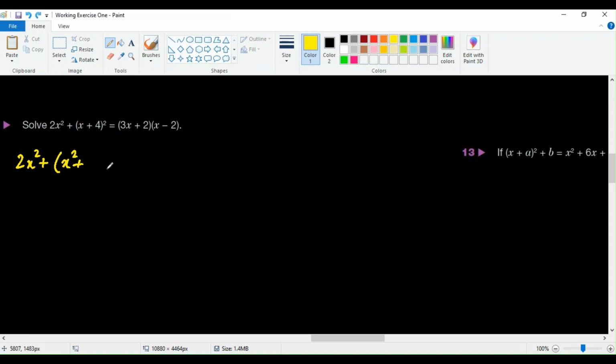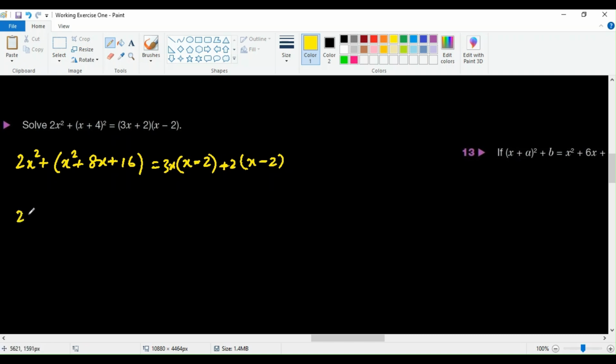So double of 4x is going to be 8x, and plus 16 is going to be the expansion of this bracket, equals 3x. So in here x minus 2 is going to be multiplied 2 times. So I will write this 2 times and multiplied by 3x first and then plus 2 later.